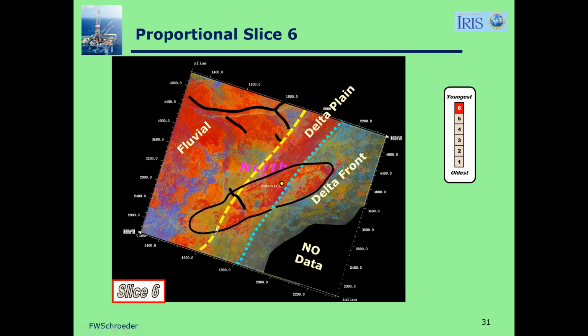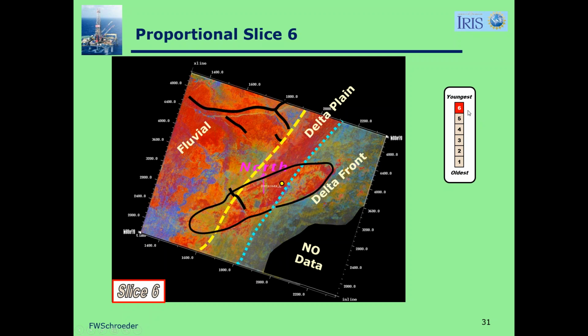So you can look at how these facies bands migrate through geological time. I'm a bottom to top geoscientist, so I like to think about what was happening when the first was laid down, and then the second was laid down, the third, the fourth, the fifth, and the sixth.